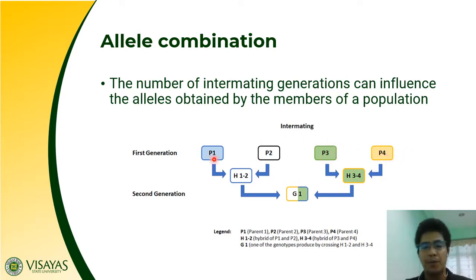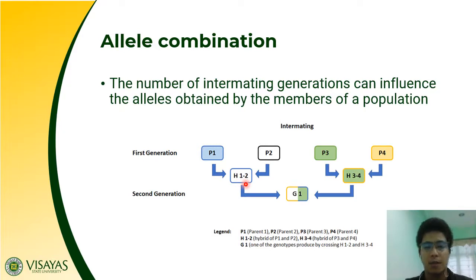In the first generation, of course, you cannot do a 4-way cross in one go. So first you have 2-way crosses between the parents. Here we have P1 and P2, and the other cross is between P3 and P4. P1 crosses with P2 and produces this hybrid 1-2.